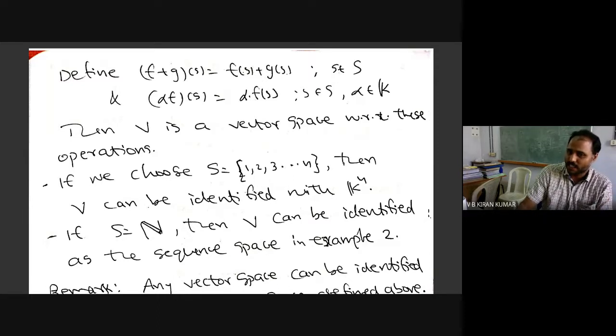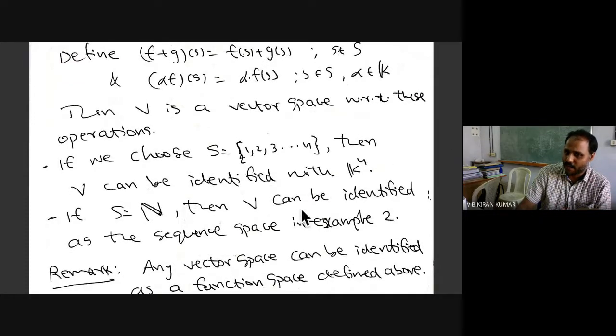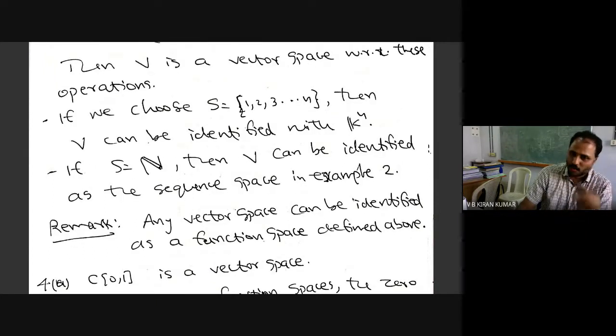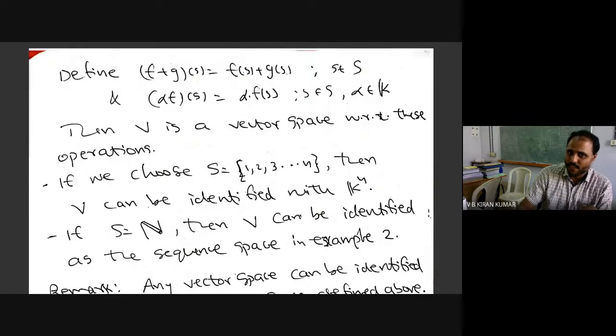That means each function gives you an n-tuple, and similarly each n-tuple will give you a function on this set. So this can be identified with Kn. And if you take the natural number set, it can be identified with the example which we just discussed, that means the set of all sequences. And most of the spaces can be identified as some subspace of this. Are you comfortable with these function spaces?